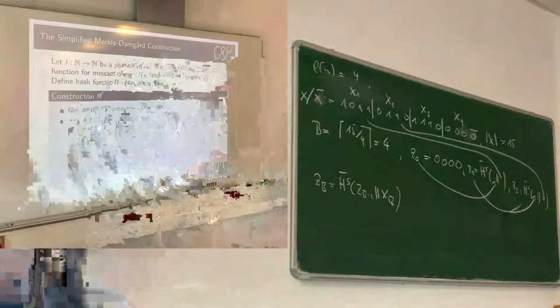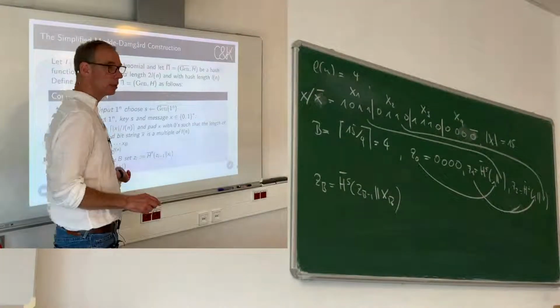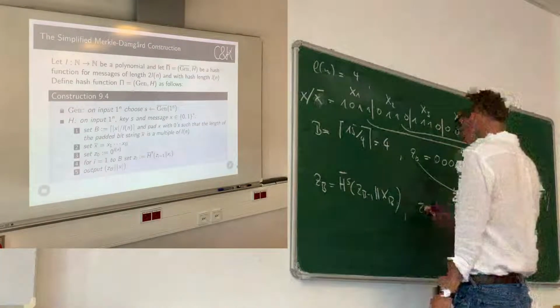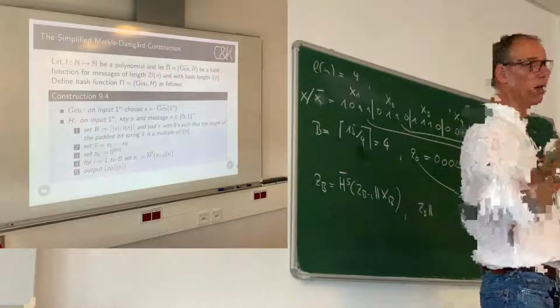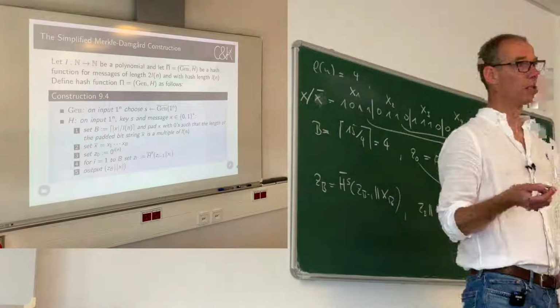But my output is not just Zb. I also include the length of x. So the output would be, in our case, this Zb concatenated with 15, which I write down in binary.